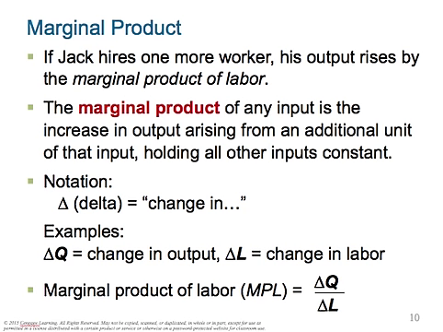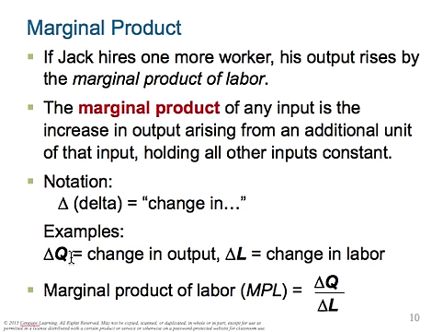One notation you will see in economics is this little triangle-looking thing. That's called a delta. It indicates a change in. So for example, a delta Q is a change in quantity, a change in output here, and delta L is a change in labor.